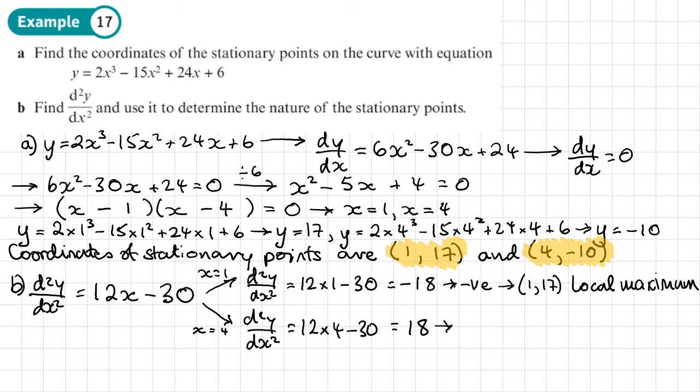Here, because the second derivative is positive, and it was the x value of 4 that gave us this positive value, that means for the coordinate (4, negative 10) we have a local minimum. So just remember, positive minimum, negative maximum. It's the opposite to what you think.